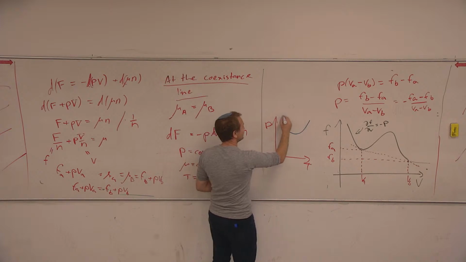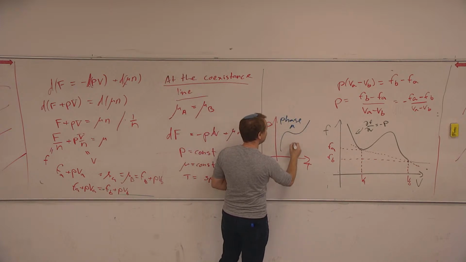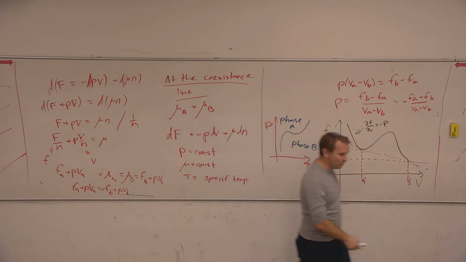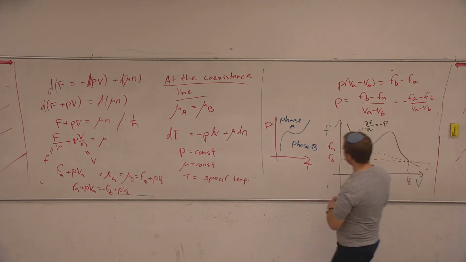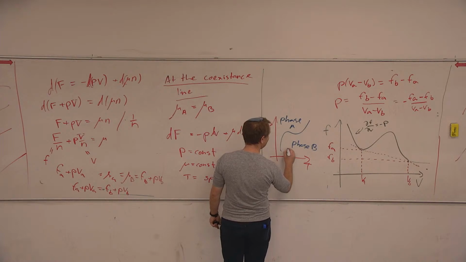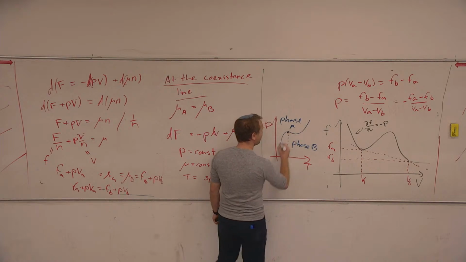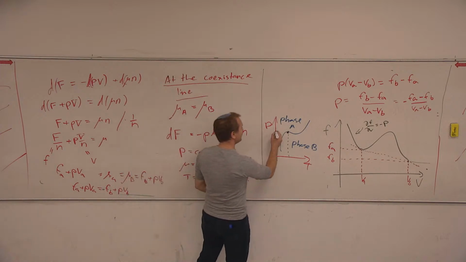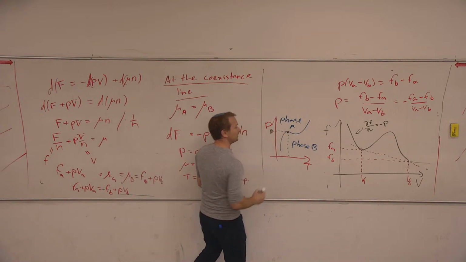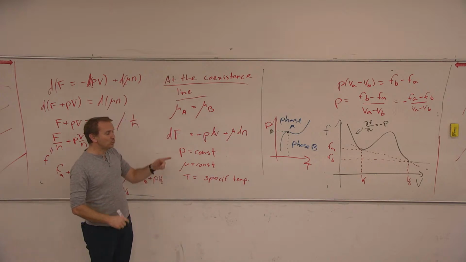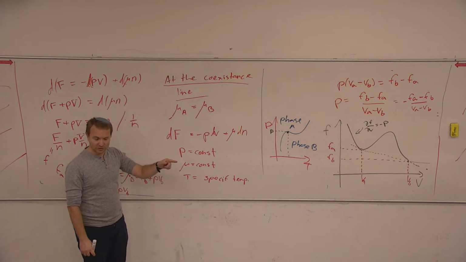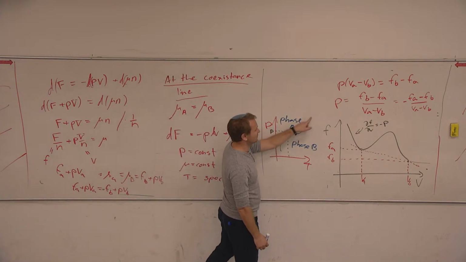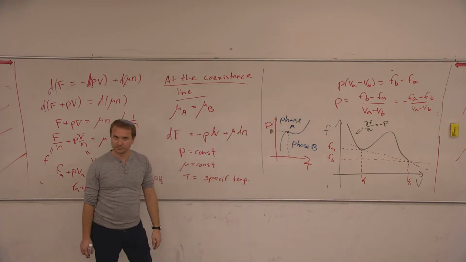This is phase A, this is phase B. What I have to do is pick a specific temperature, go over here, and by using this Maxwell construction, I can find the critical P. I'm going to do this for each and every temperature that I have, and I will construct this whole line in this fashion.